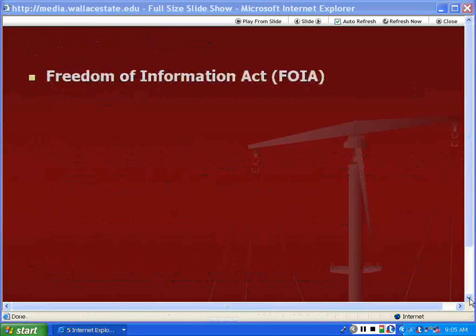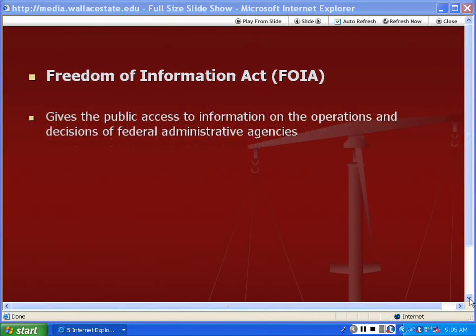Now, I just mentioned the Freedom of Information Act. It gives the public access to information on the operations and decisions of federal administrative agencies. Now, to get these two separate in your mind, the Privacy Act is about private information kept on individuals by the government.